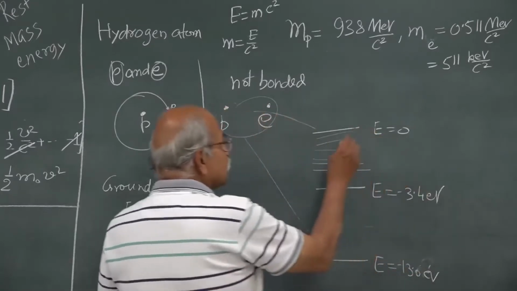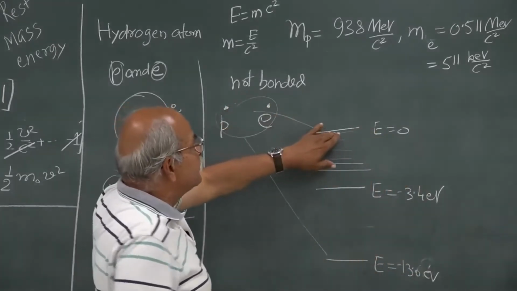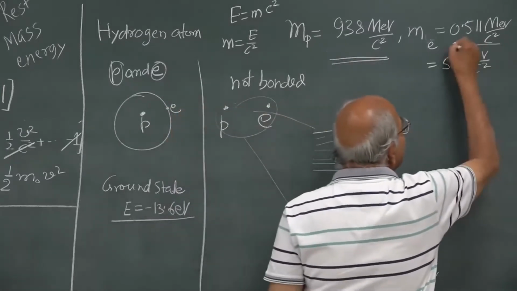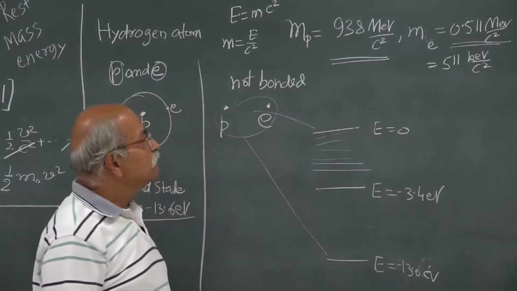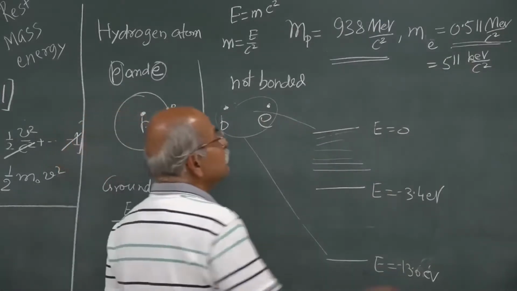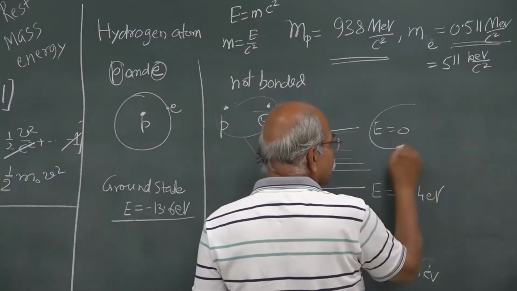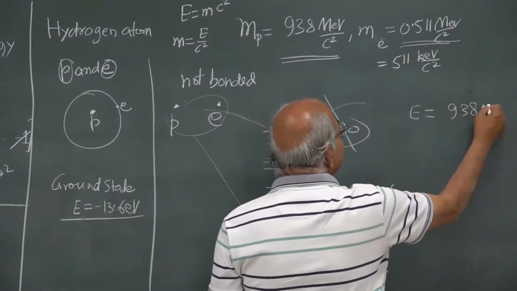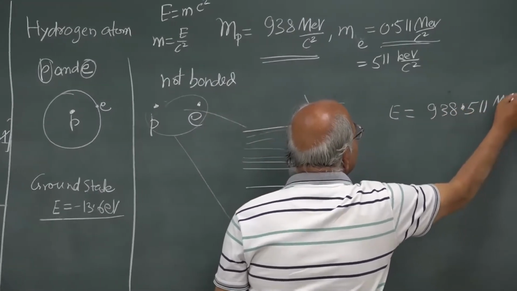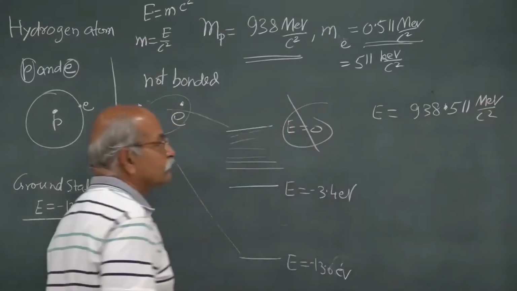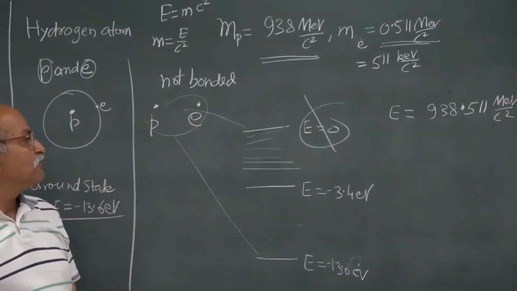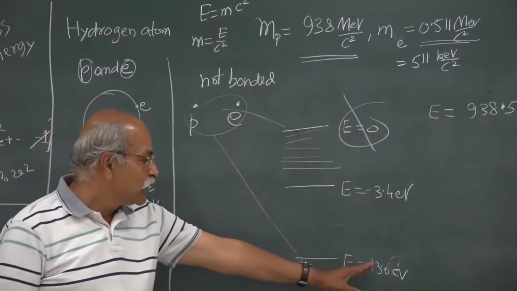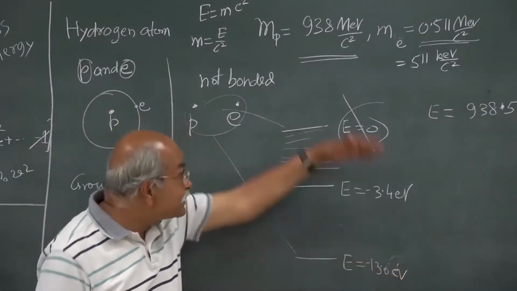So, if this energy is 938 MeV by c square plus 0.511 MeV by c square, the energy here is 938.511 MeV c square. The sum of rest mass energies of proton and electron, then this energy will be 13 eV less than this energy.